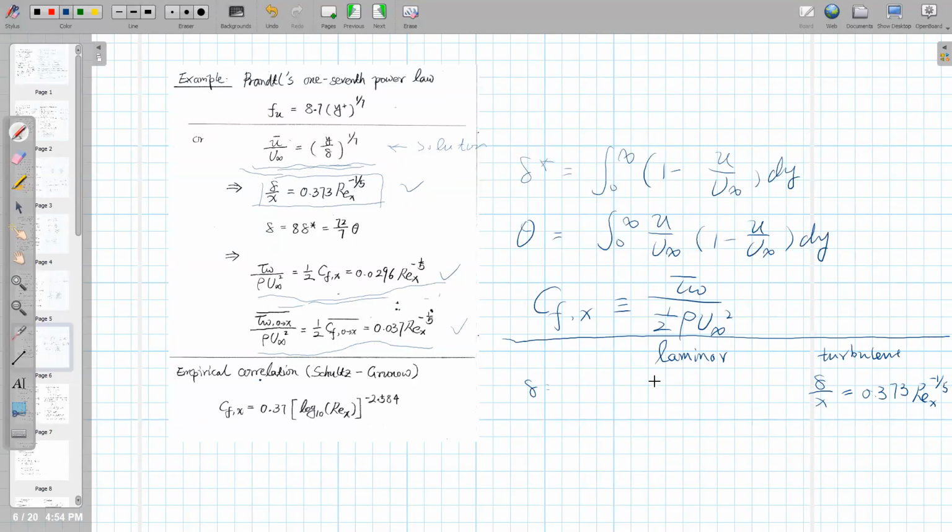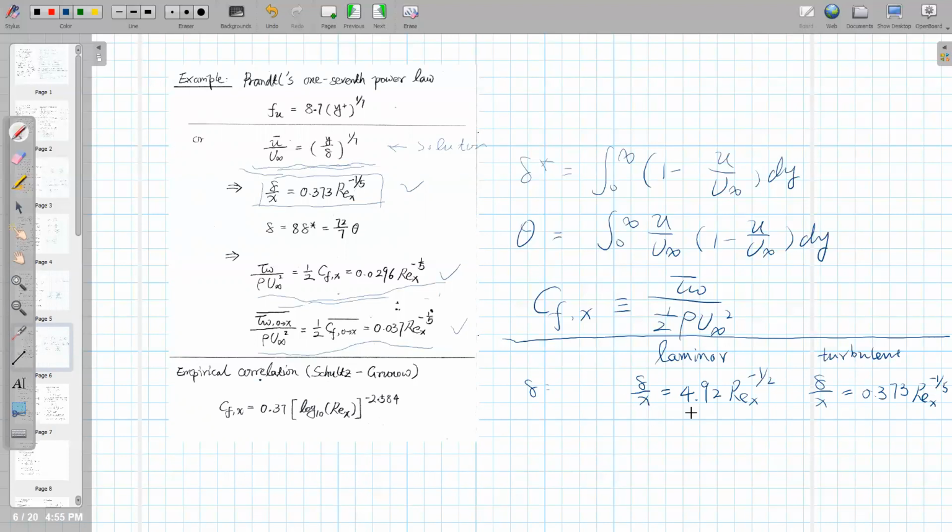And in the laminar result, if you recall our previous Blasius solution, the exact solution for the laminar boundary layer, delta over x for laminar cases will be equal to 4.92 Reynolds number x to the minus 1 over 2, okay? So now you see the difference, right? This one is delta over x with the Reynolds number to the minus 1 over 2, and this is delta over x with the Reynolds number to the minus 1 over 5.